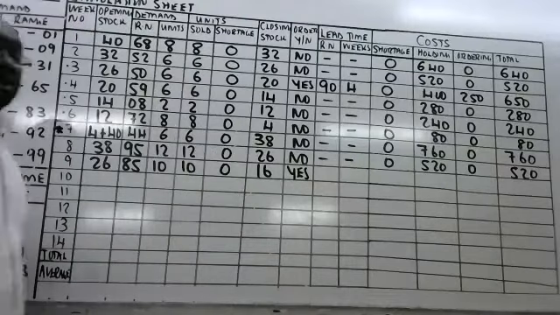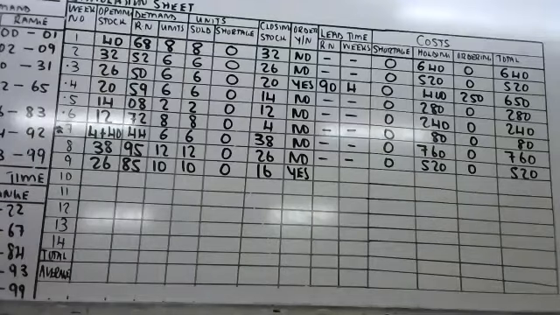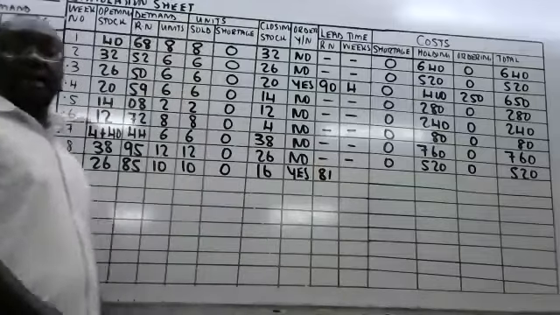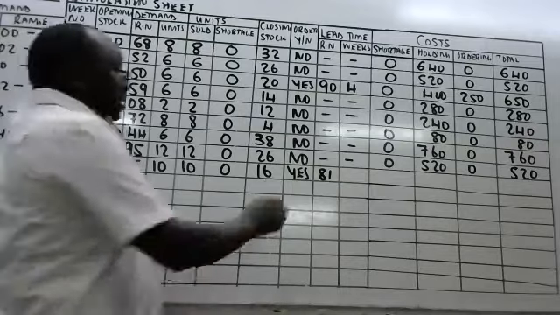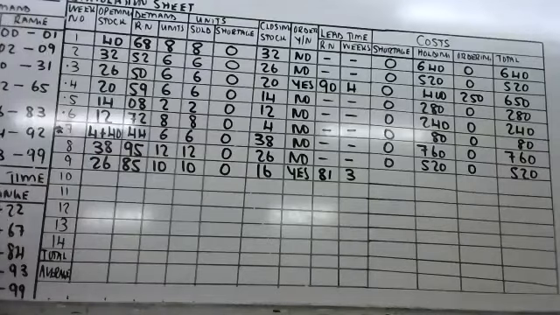Give me now the random number for ready time. 81. So 81 will give us how many weeks? 3 weeks. I've said once you know how many weeks, you count from where you have said yes. So we count like this: 1, 2, 3. So those goods will be received on Monday of week 12.